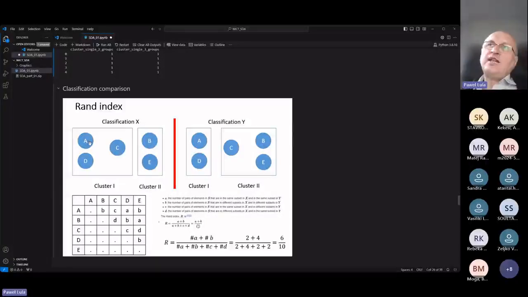In the first group, I have A, D, and C. And in the second group, B and E. In the second classification, also, I have two clusters. In the first cluster, I have A and D objects. In the second cluster, I have C, B, and E.